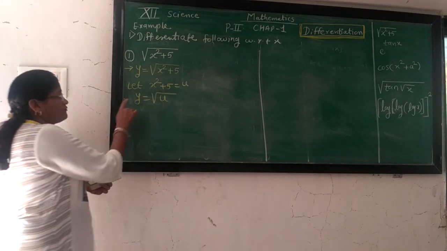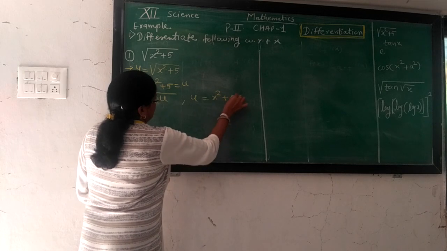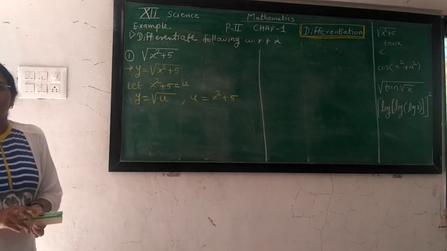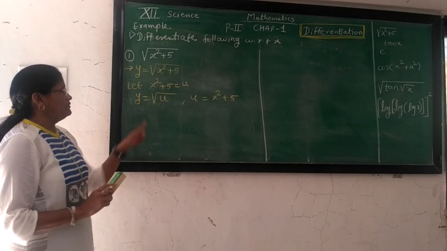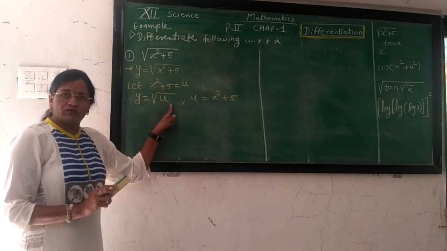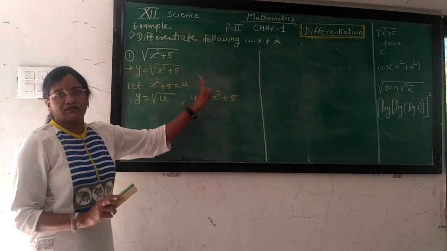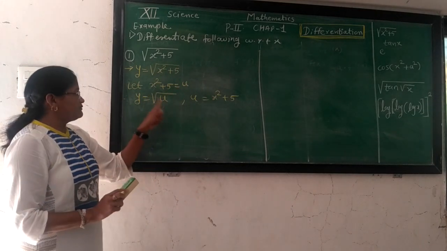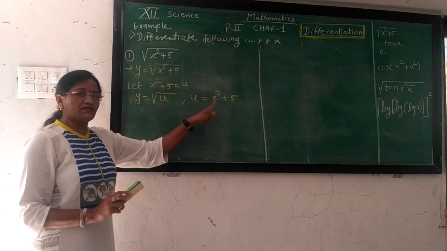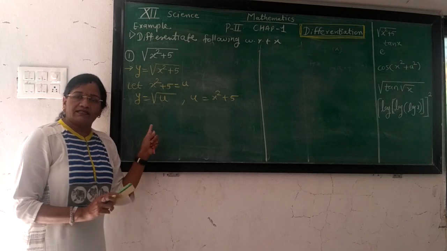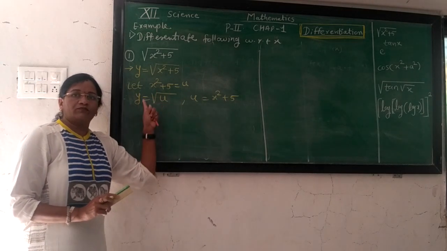Now y is a function of u and u is a function of x. By the definition of derivative of a composite function, if y is a differentiable function of u and u is a differentiable function of x, then y is a differentiable function of x. For this case, we find the derivative of y with respect to u and the derivative of u with respect to x, and multiplying the results, dy by du into du by dx, forms dy by dx.